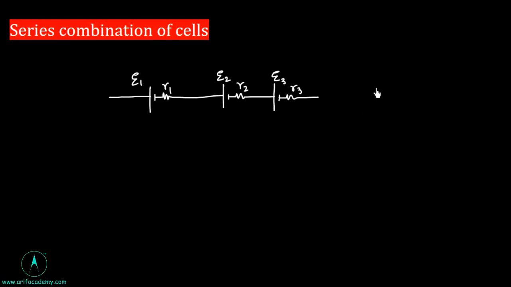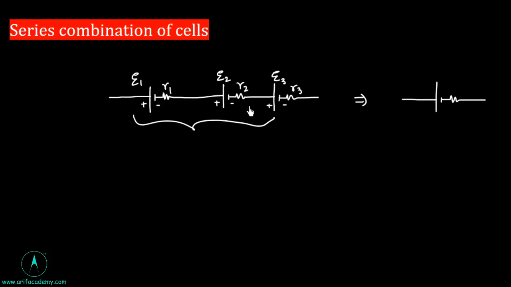Without proof right now, I am going to tell you that this combination of three cells can be replaced by a single cell with polarity: the left-hand side is the positive terminal and then the negative. So in a series combination, cells are joined so that the negative terminal of one cell is connected to the positive terminal of the next, and its negative terminal is connected to the positive terminal of the following one. So this is a series combination.